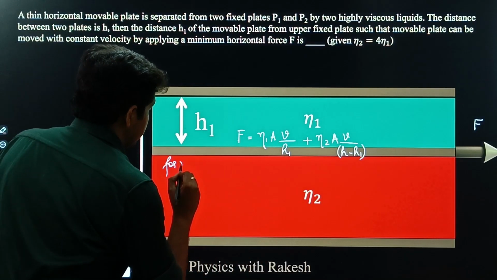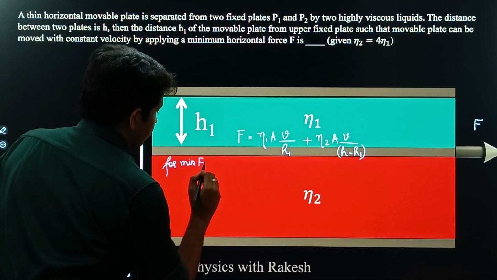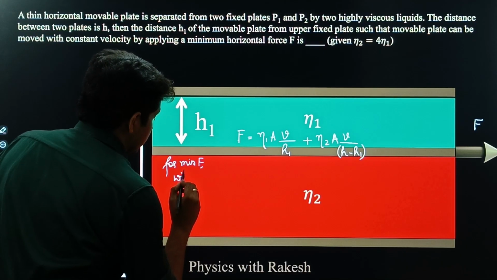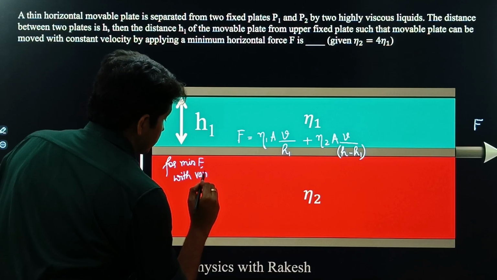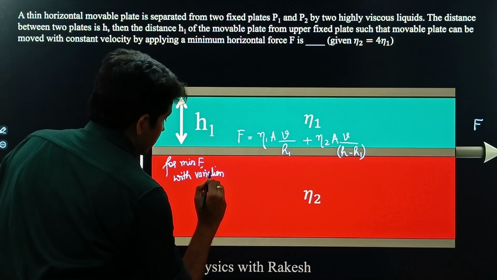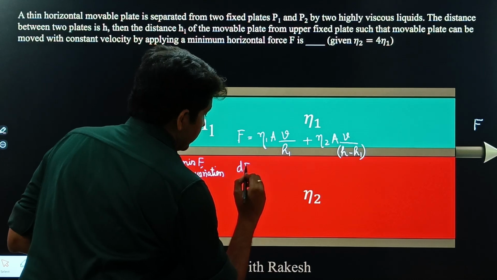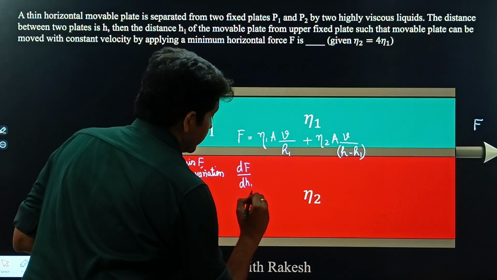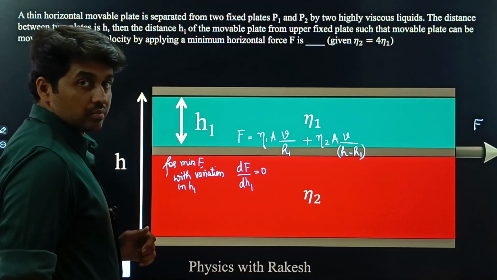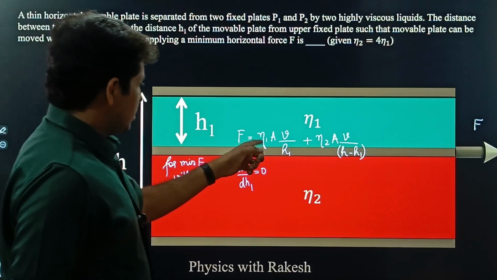Now if this has to be minimum while varying h1, what can we say? For minimum F, with variation in h1, we can say dF by dh1 equal to 0. Here what will we get?